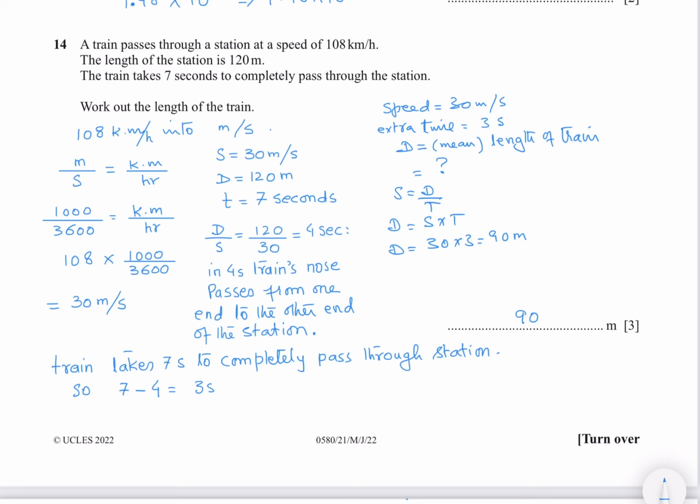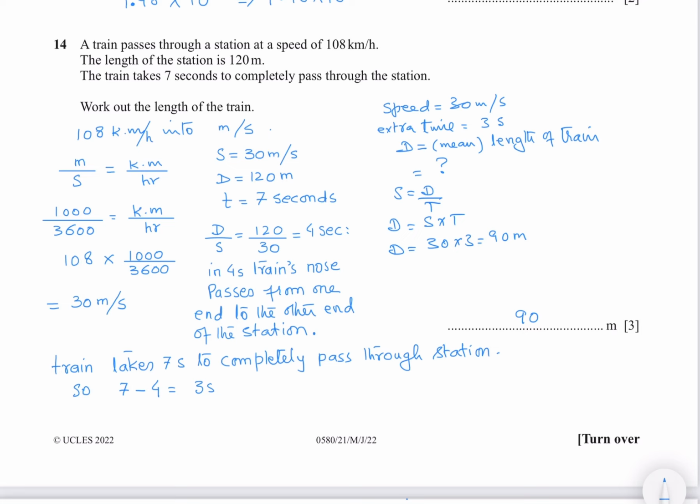It means in 4 seconds, the train's nose passes from one end of the station to the other end. If you can imagine this situation, the nose of the train means the start of the train. So it takes just 4 seconds. So speed is 30 meters per second and extra time is 3 seconds.